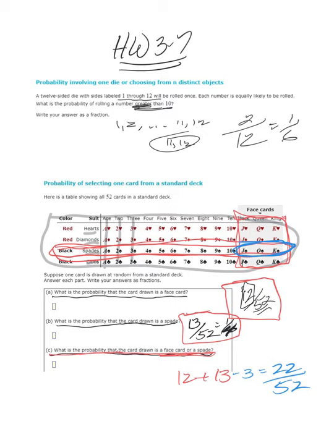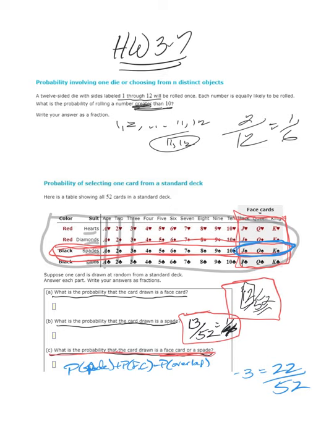All right, so basically what I did was I found the probability of getting a spade, added it to the probability of getting a face card, and then I subtracted the overlap, the spades that were face cards. Okay, this is where we start getting to a little bit more complicated stuff here.